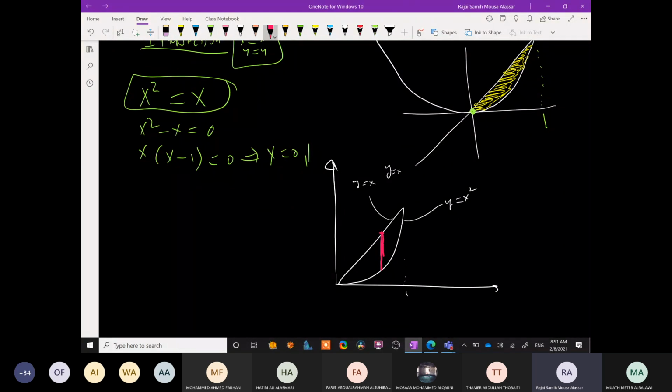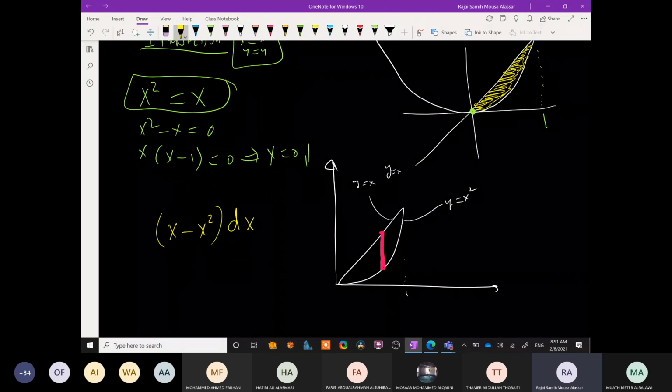Now in my red color, I have my rectangle. That's the safest thing I can do. And I would like to find the area of that rectangle. What's the area of that rectangle? The top function minus the bottom function, x minus x squared, multiplied by the width of that, which is dx.